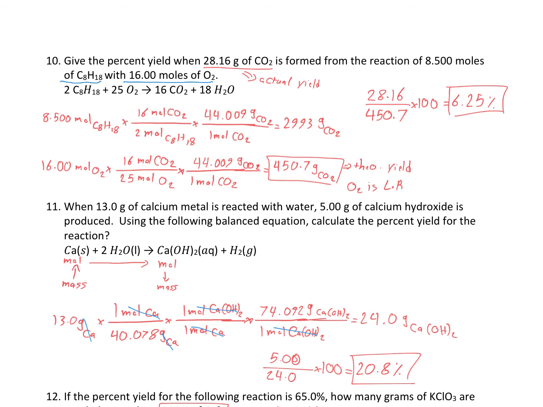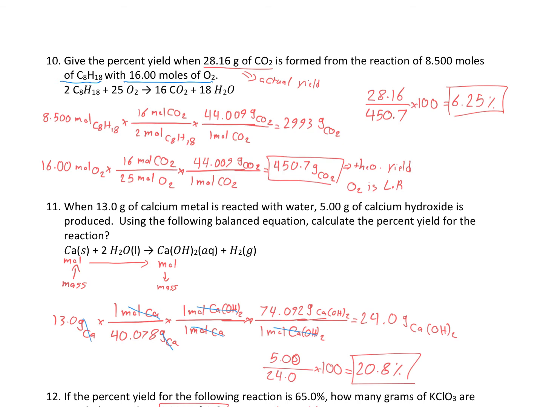So what is theoretical yield? Theoretical yield is the maximum amount of product you can make based on the limiting reagent. You have two amounts for two reactants, so you have to find the limiting reagent first. So this question is a mixture of limiting reagent, stoichiometry, and percent yield.